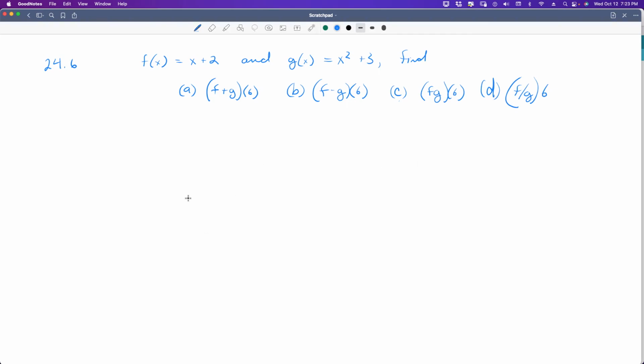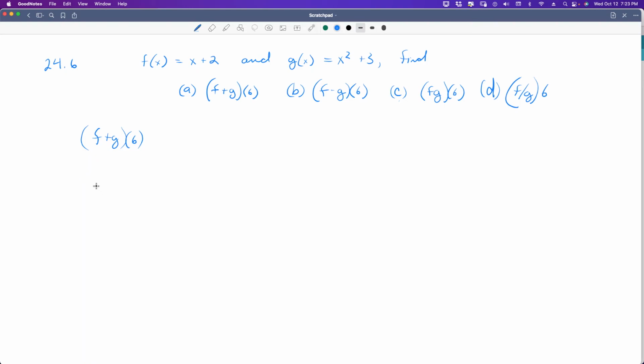So let's do A. A is f plus g of 6. So there's 2 ways to find the sum of f of 6 and g of 6. And the fast way is to find f of 6 and g of 6 and add them together.